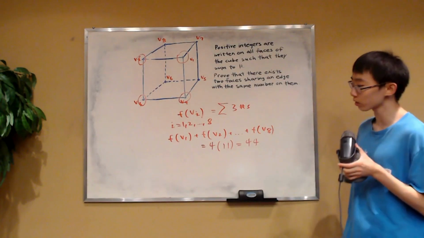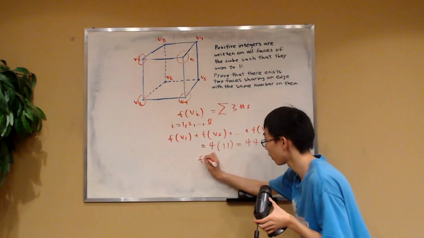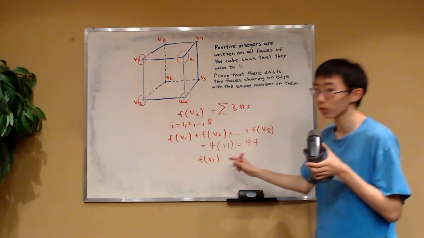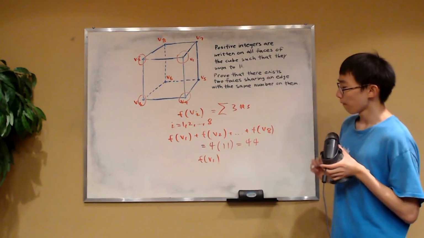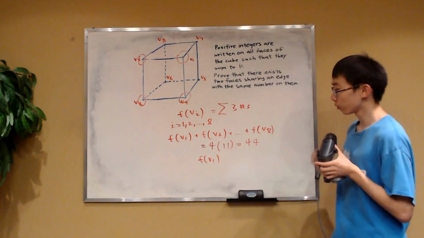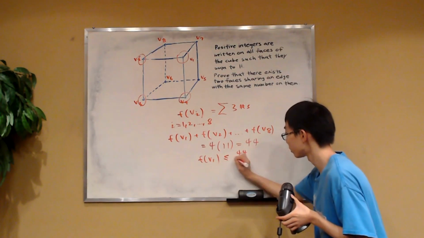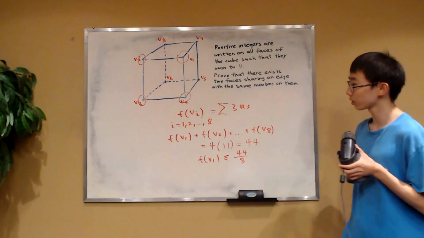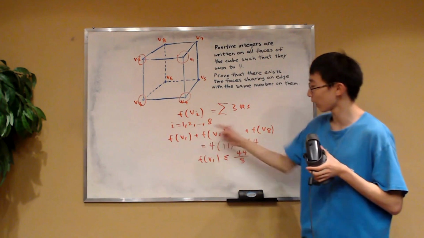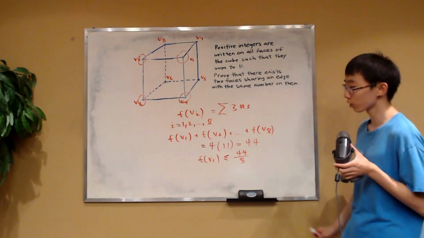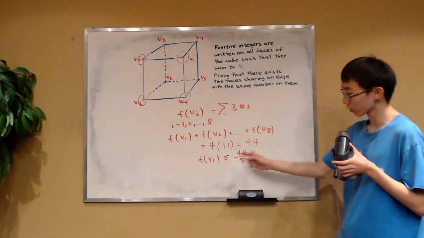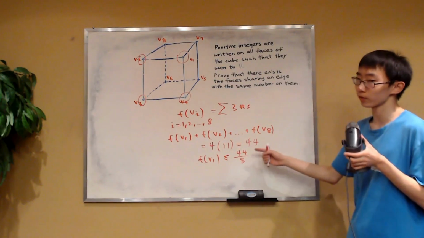Without loss of generality, assume that f of V1 is the smallest of them. Now, if it's the smallest, then this quantity must be smaller or equal to 44 divided by 8. Because we have a sum with 8 numbers adding to 44, the smallest of those terms must be smaller or equal to the sum divided by the number of terms.